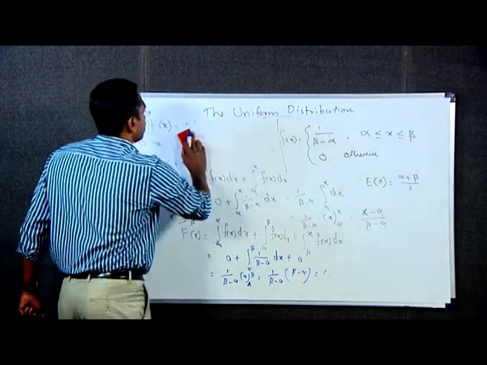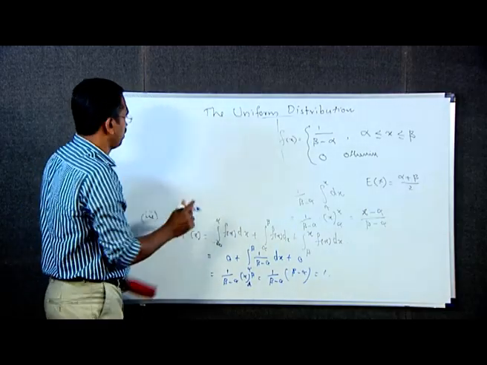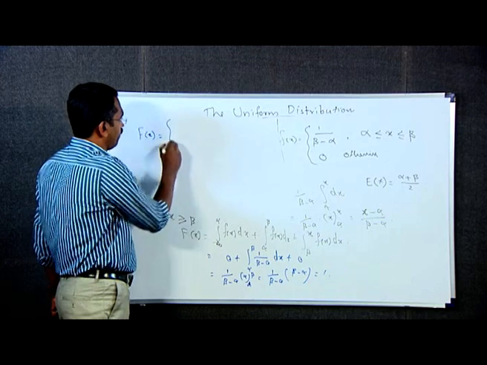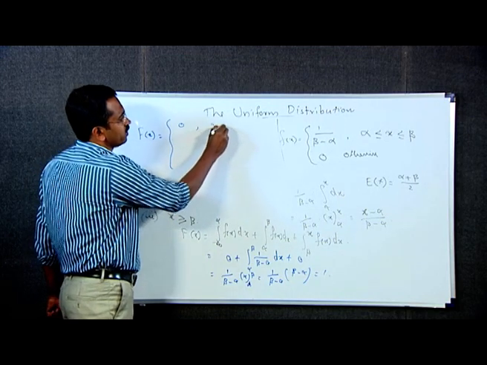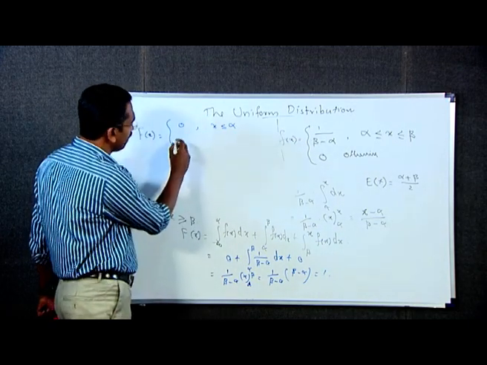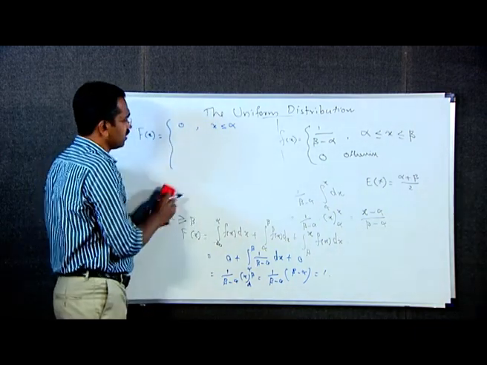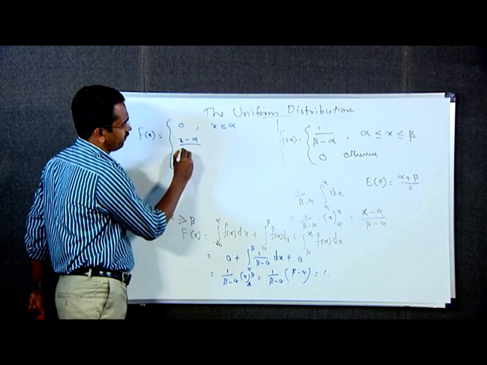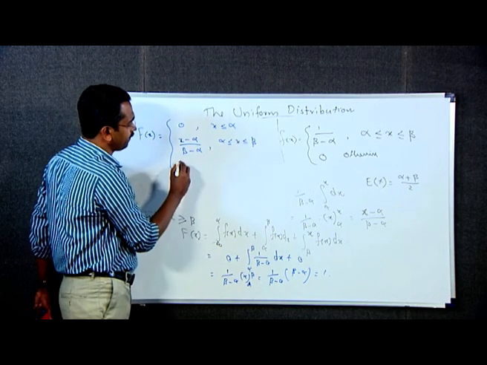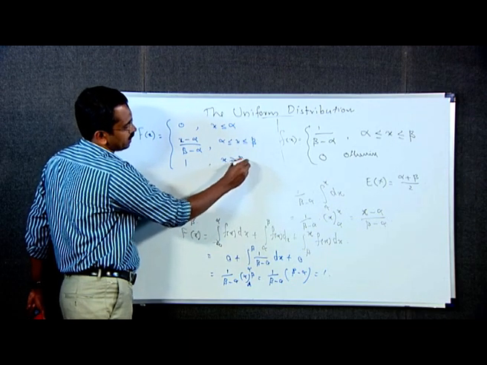Therefore, we can express the cumulative distribution function as F of x is equal to 0 for x less than or equal to alpha, and it is x minus alpha divided by beta minus alpha for alpha less than or equal to x less than or equal to beta, and it is 1 for x greater than or equal to beta.